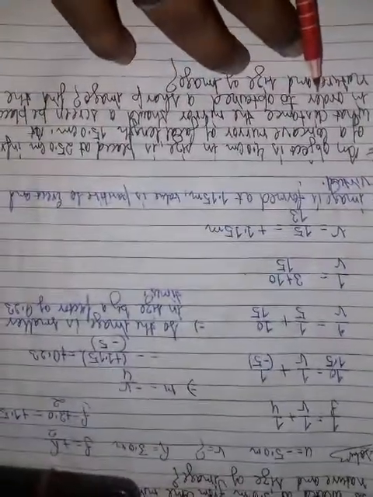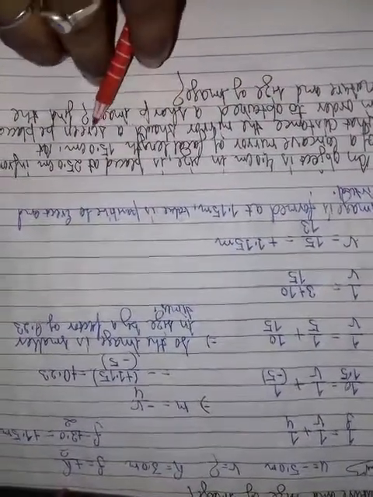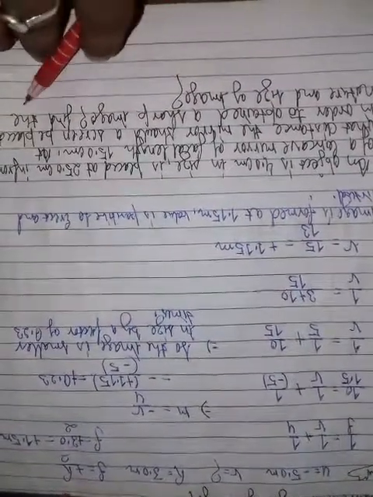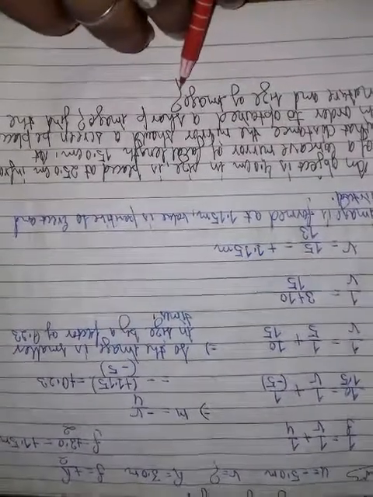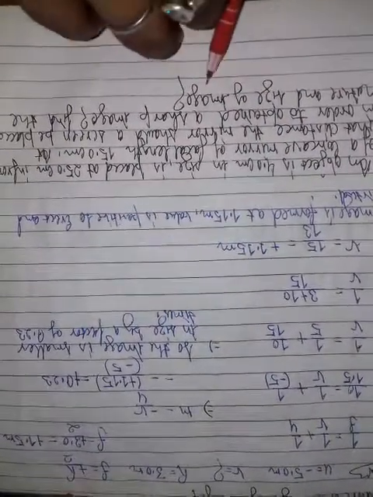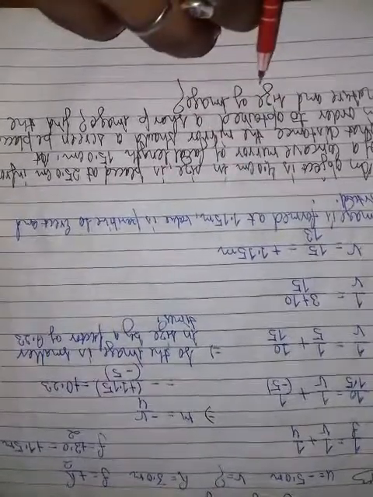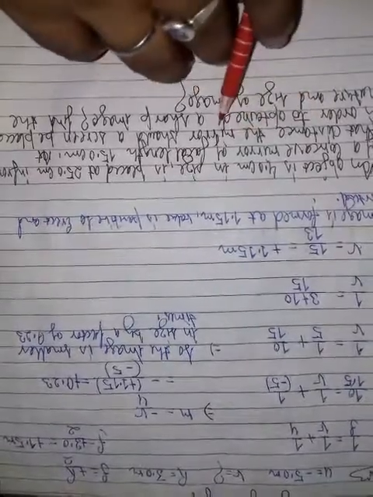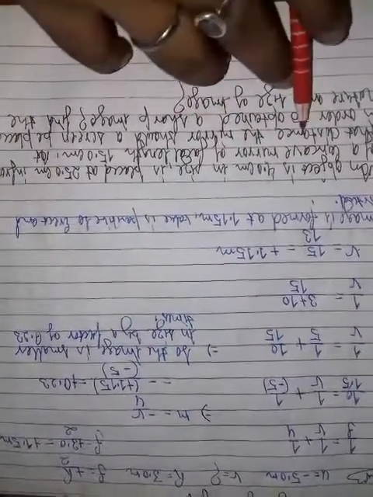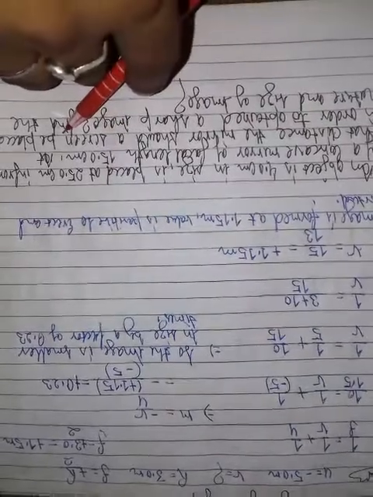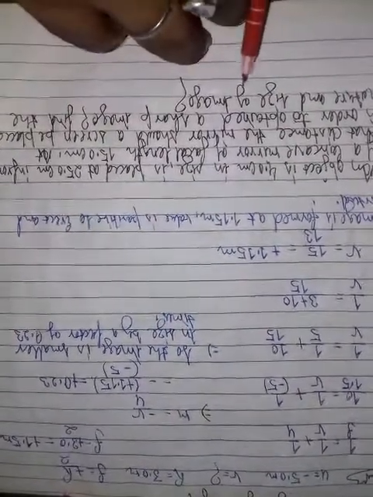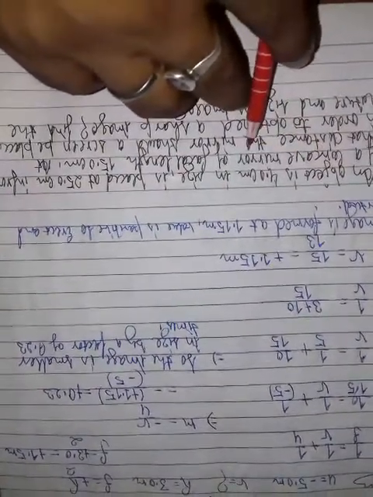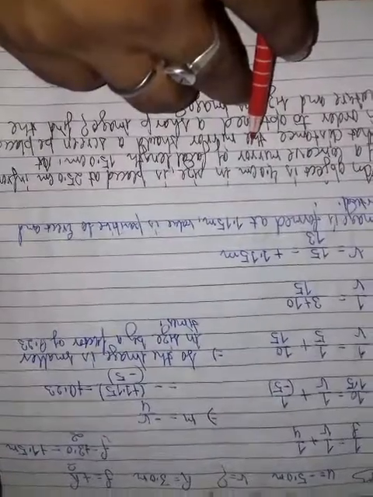At what distance should the screen be placed in order to obtain a sharp image, and find the nature and size of the image. The nature and size are the same as in the previous question, and here the question is asking where the screen should be placed to find the image. The image is formed by the concave mirror, so we have to know that it is a real and inverted image.